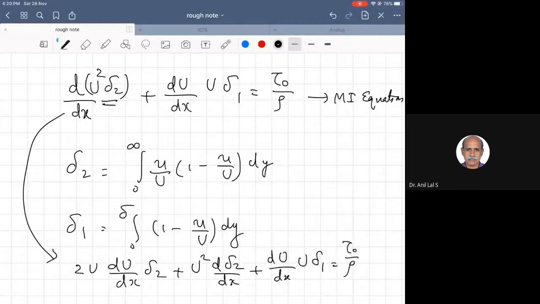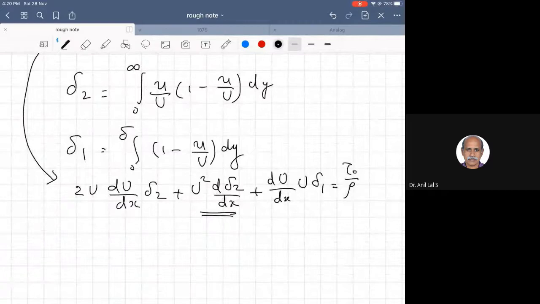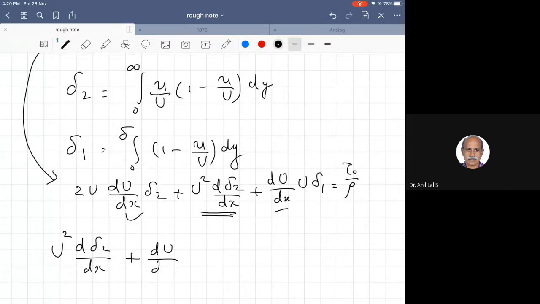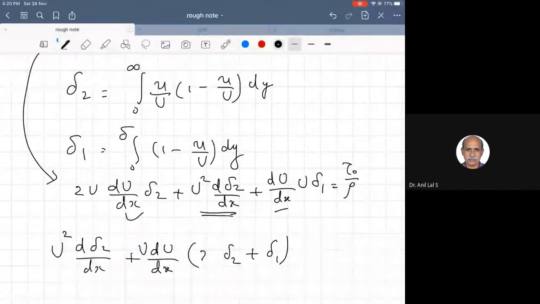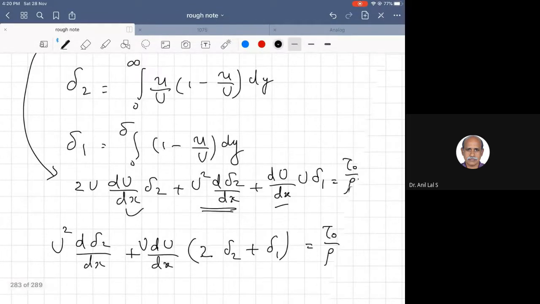So first U squared d delta 2 by dx, plus dU by dx is common, into 2 delta 2 plus delta 1, into U, and this U also can be taken outside. So U into 2 delta 2 plus delta 1.